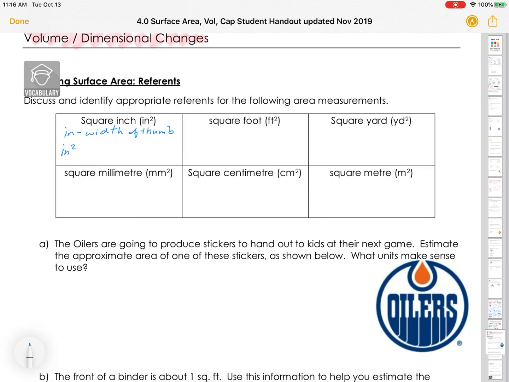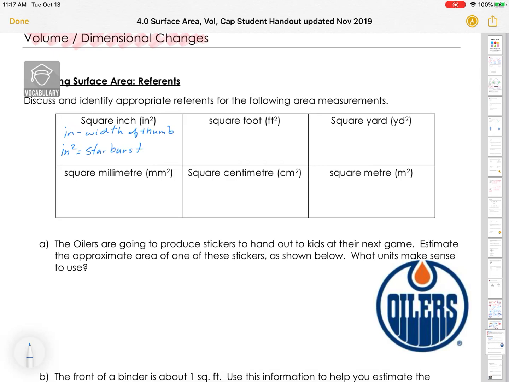A square inch might be a Starburst candy, just something that might be a good approximation.